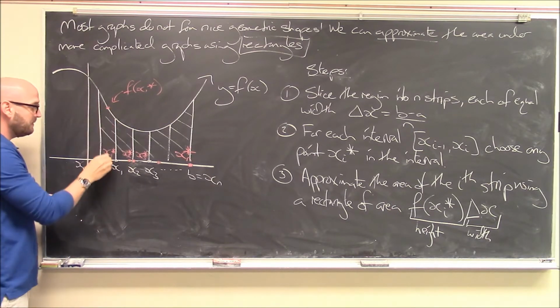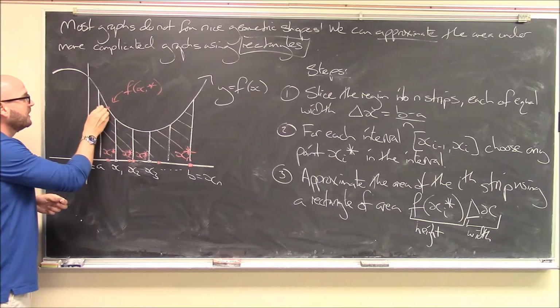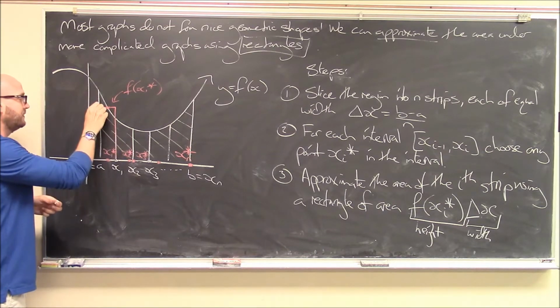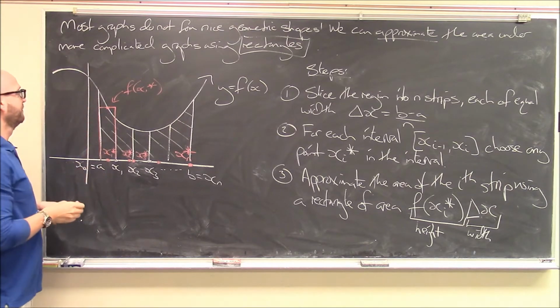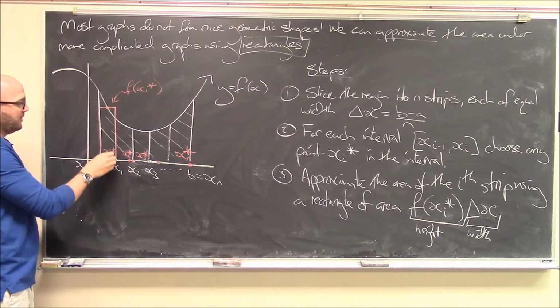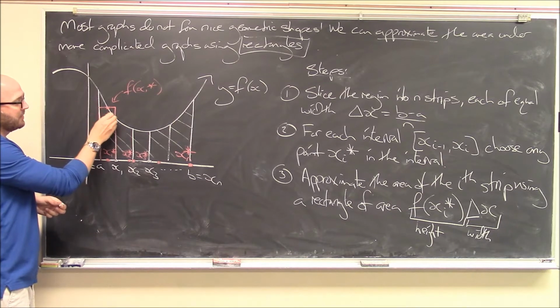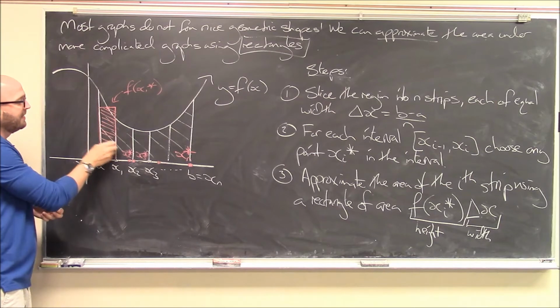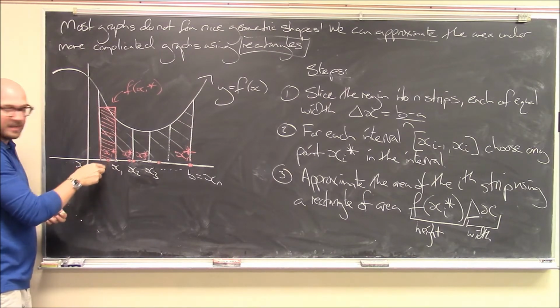The function value at this point that I chose is going to be the height of my rectangle. So the rectangle that I'm going to use to approximate this strip is going to have height f of the point that I chose.